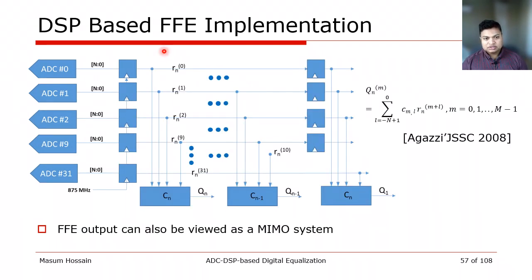And once they are within the same cycle, then we can simply scale them and combine them according to this FIR equation so that the equalized output is available here. In a way, from the left side and the bottom side, we can think of this as a multiple input and multiple output system.